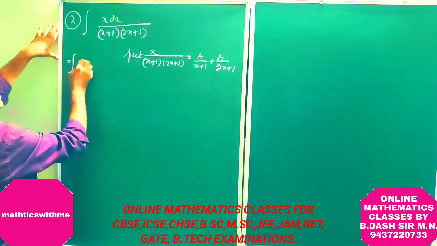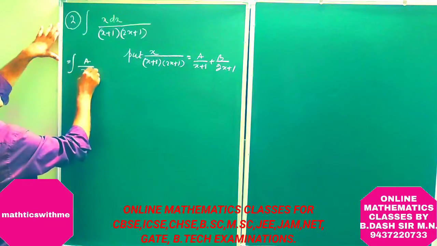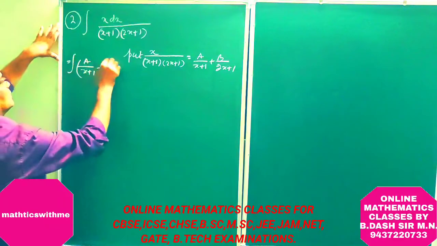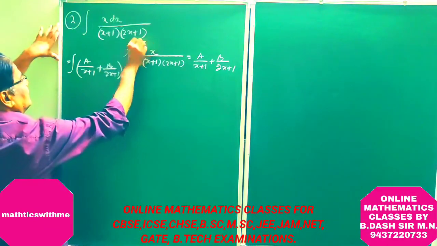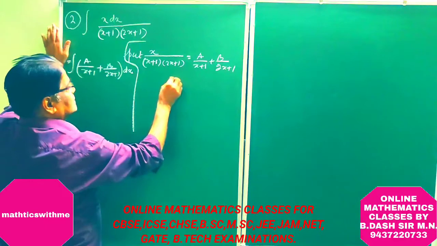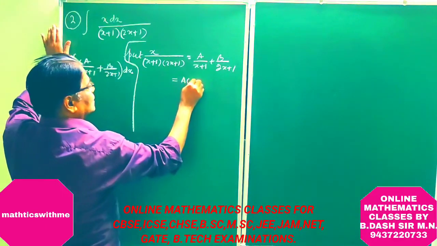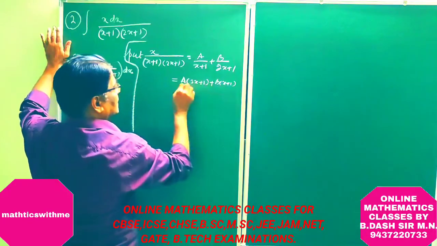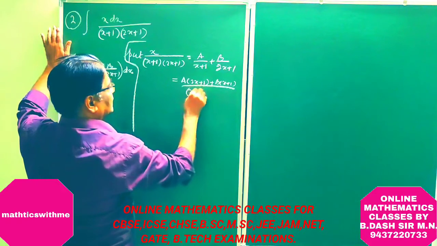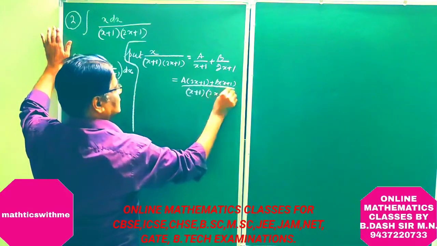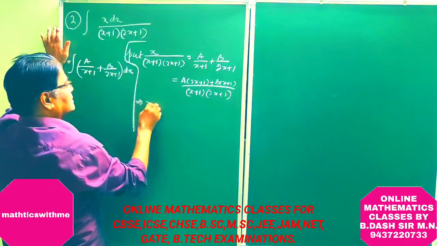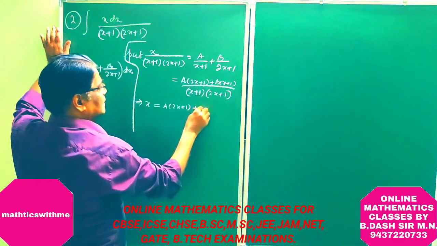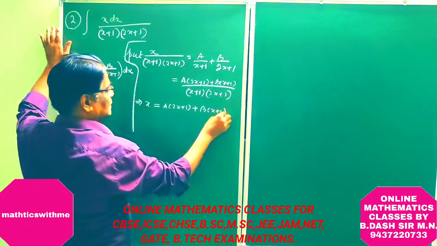So this is equal to A into 2x plus 1 plus B into x plus 1, after addition, over x plus 1 into 2x plus 1. So this implies x is equal to A into 2x plus 1 plus B into x plus 1.